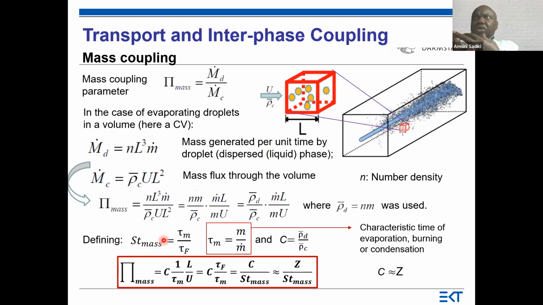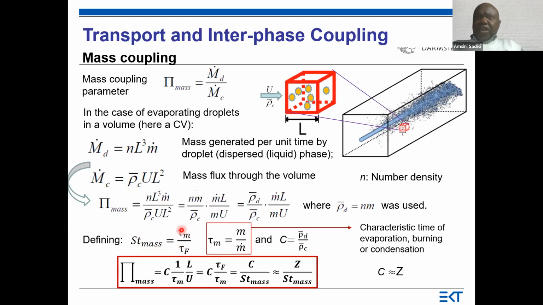We introduce also, it was based on the ratio between the dynamic particle relaxation time and the characteristic time of the flow. Now we introduce here the Stokes number based on the mass transfer.